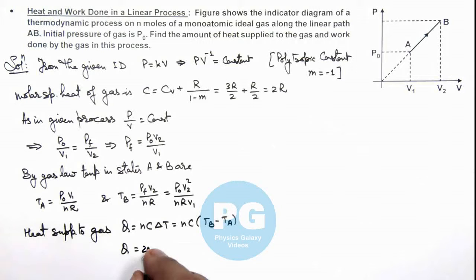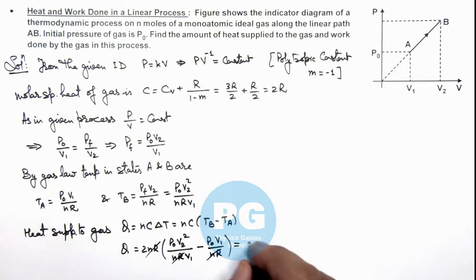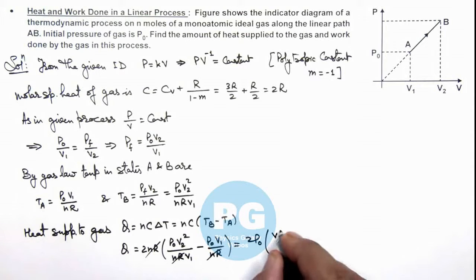So this is 2nR multiplied by TB minus TA, if we substitute it as P0 V2 square by nR V1 minus P0 V1 by nR. Here you can see this nR gets cancelled out, and simplifying this will give us 2 P0 multiplied by V2 square minus V1 square by V1. This is one result of the problem, the amount of heat supplied.